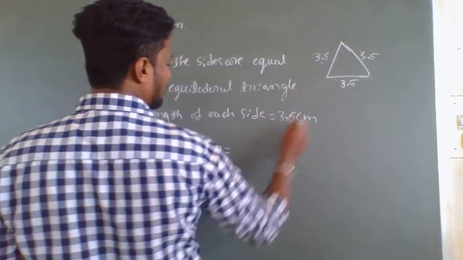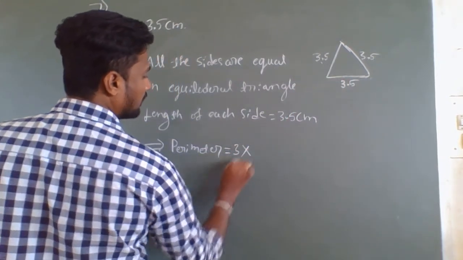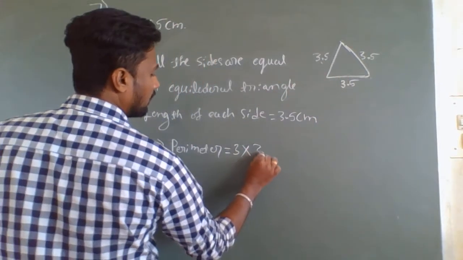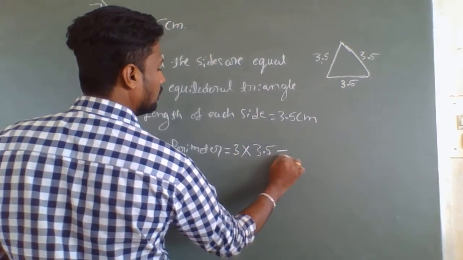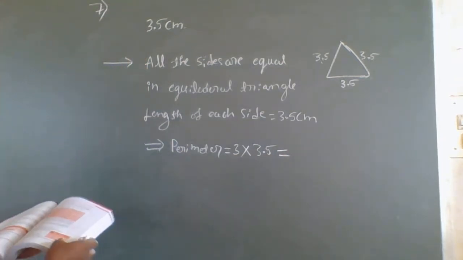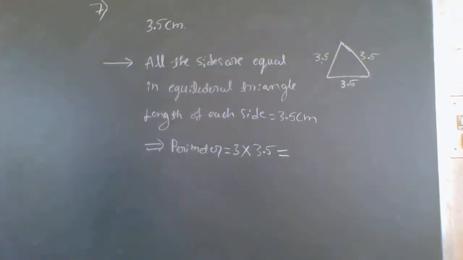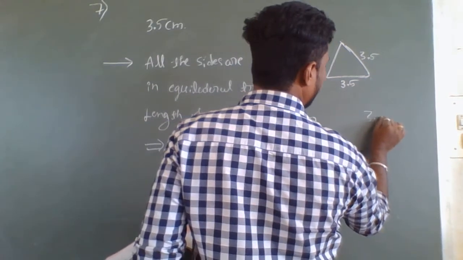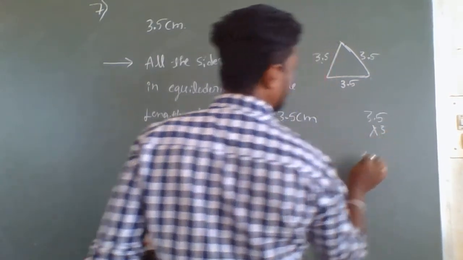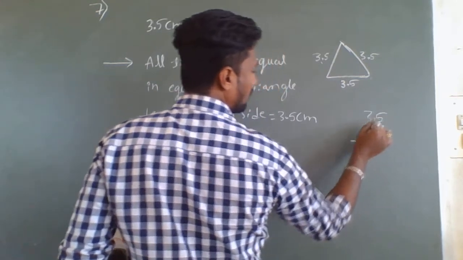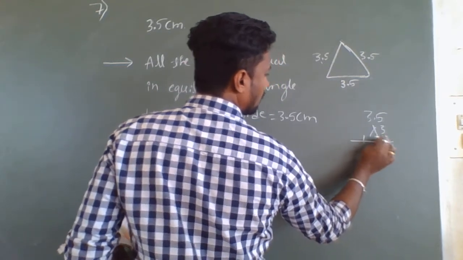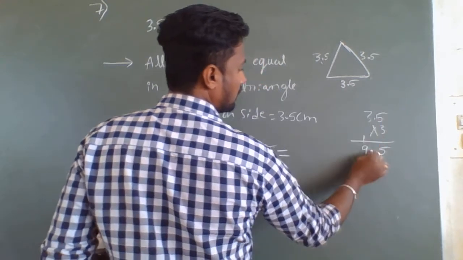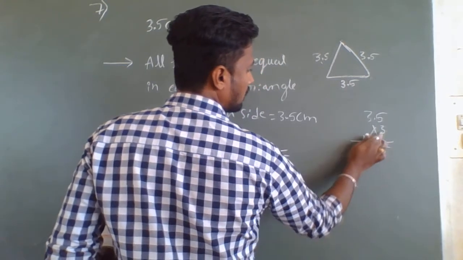How many sides are there in a triangle? Three sides will be there in a triangle. Here each side is 3.5 centimeter. Therefore 3 into 3.5 centimeter. So what will you get? Here 3.5 into 3 means 3 fives are 15, 3 threes are 9.